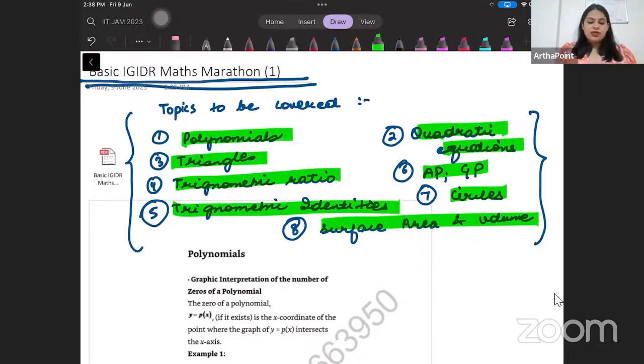Let me repeat: the topics that you have to cover as part of IGIDR Part A will be polynomials, triangles, trigonometric ratio, quadratic equation, APGP, circle, trigonometric identities, surface area, and volume.